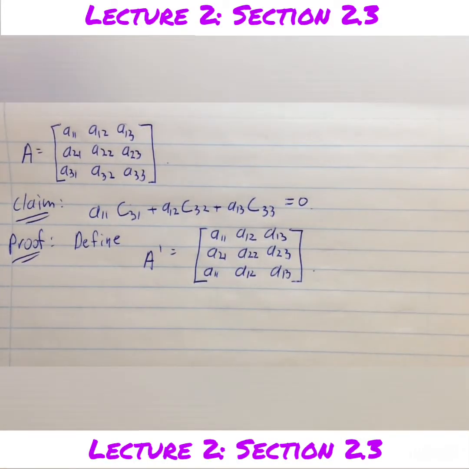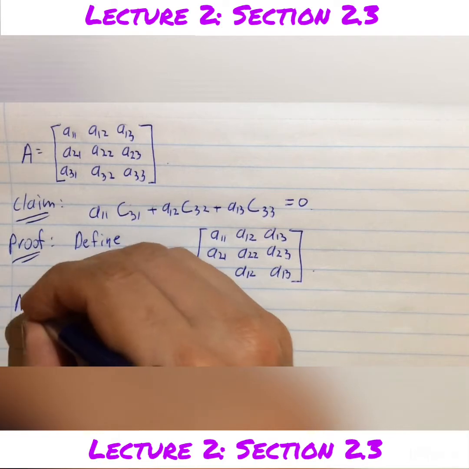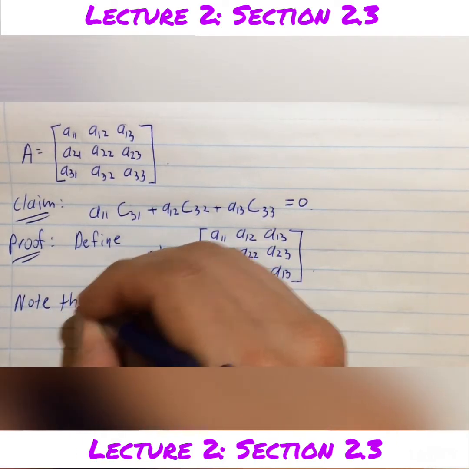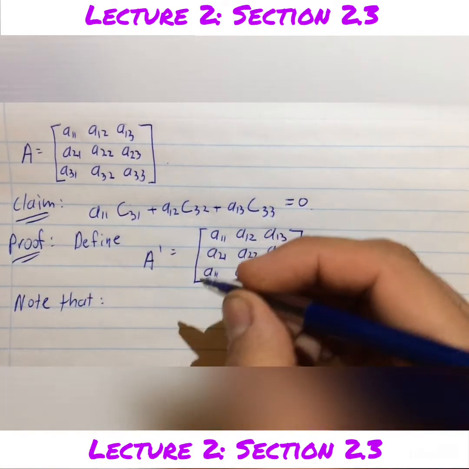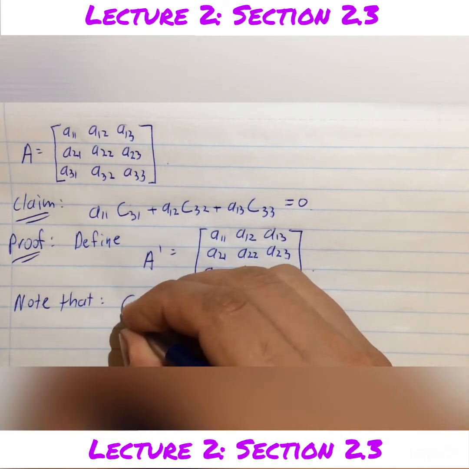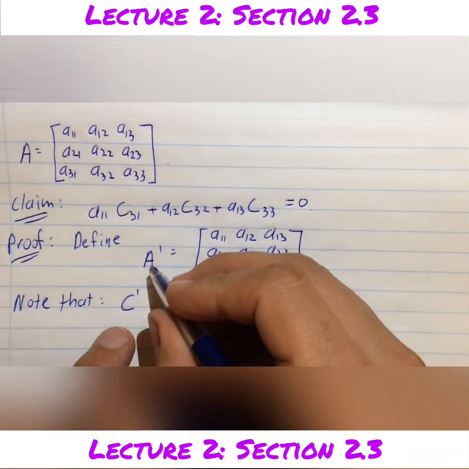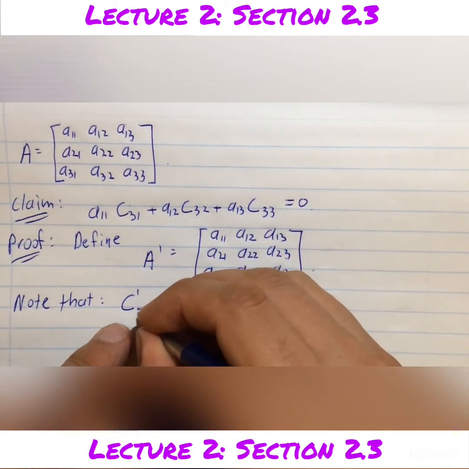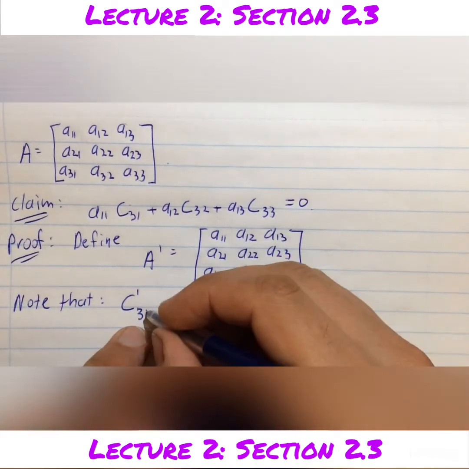Now using this matrix, I want you to note the cofactor of this matrix A prime of the entry in the third row in the first column.